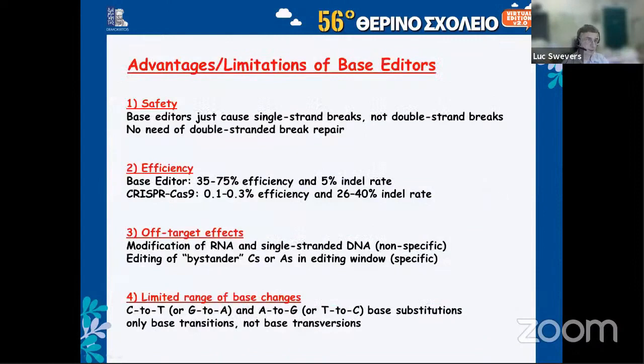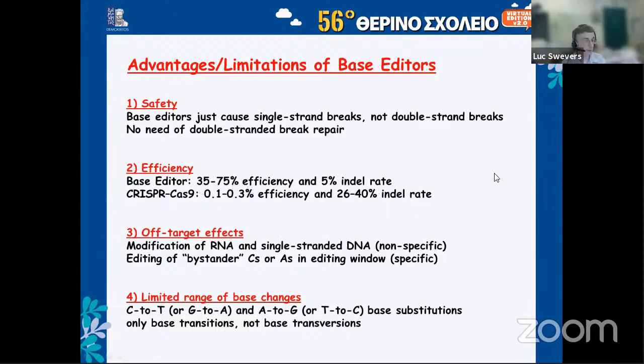There are several advantages of the base editors. It's safer, mainly because they don't cause double-stranded breaks and work with single-stranded breaks, which are less traumatic to the cell. They're much more highly efficient than the CRISPR-Cas systems, up to 35–75%.